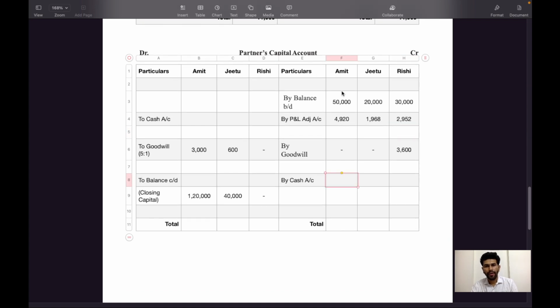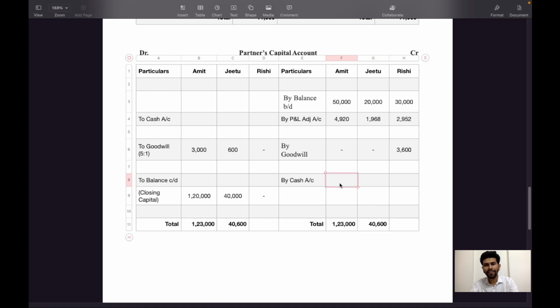Now debit side of Amit column is more. Total is 1,23,000 and debit side of Jitu column is also more than credit side. So both the amounts will be shifted to credit side.